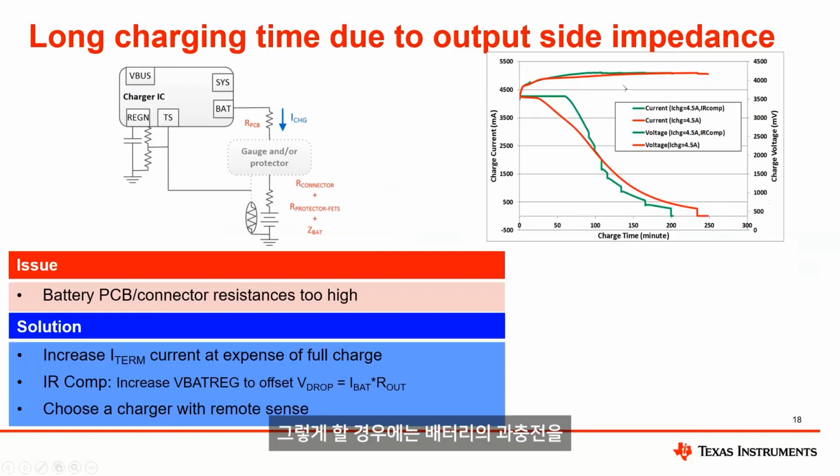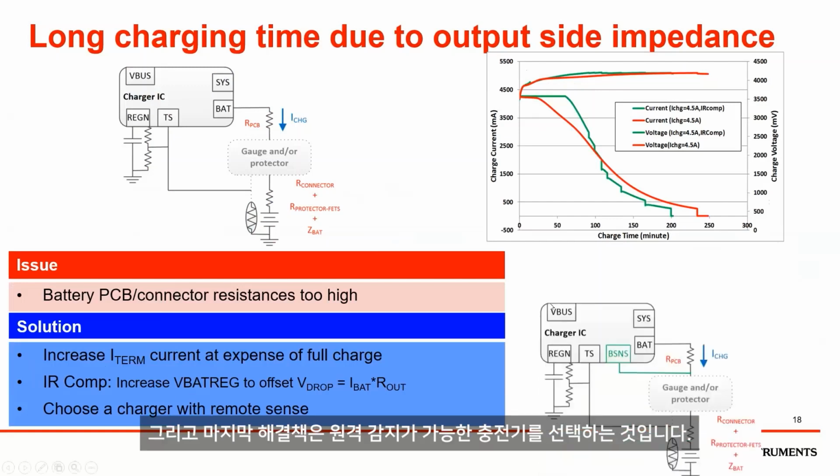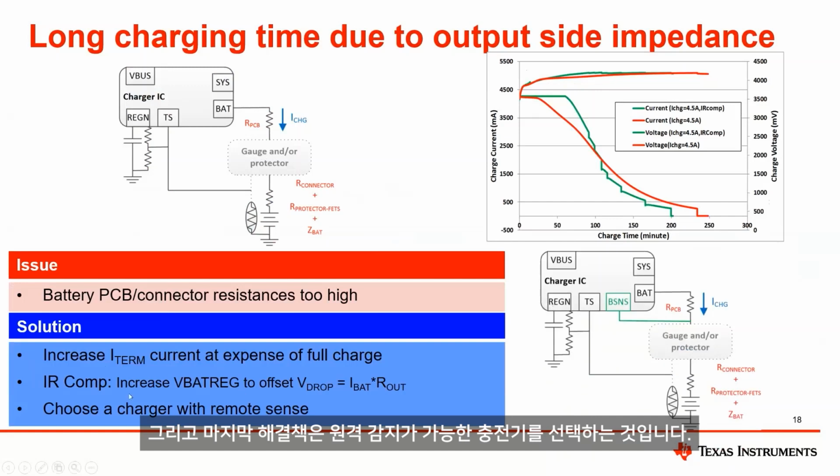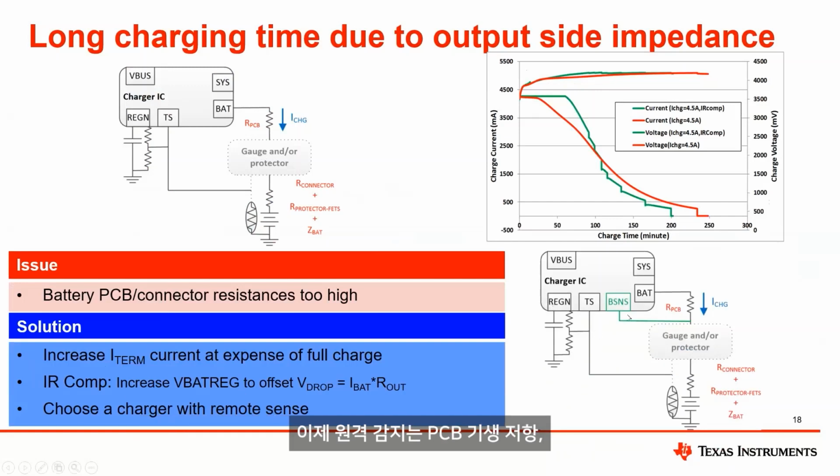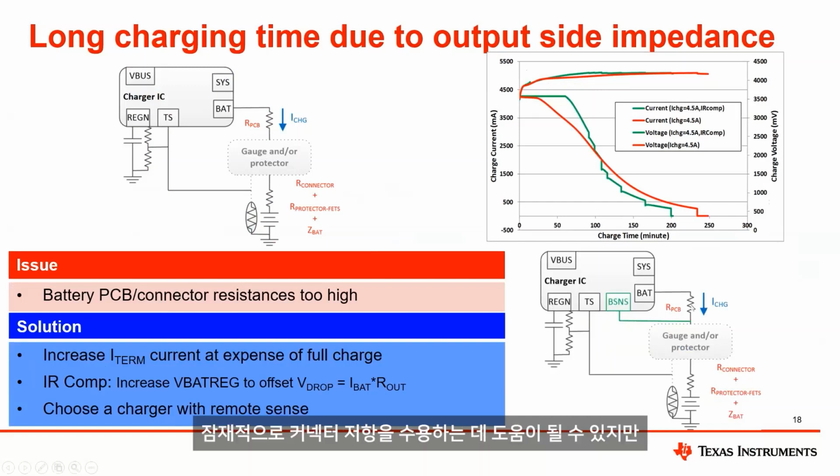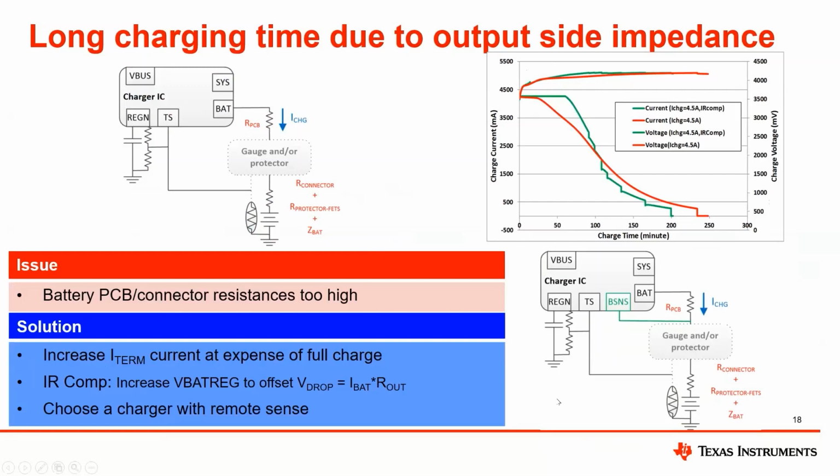So if you do that, just make sure you understand and have a way to protect against overcharging the battery. And then the last solution would be to pick a charger that has a remote sense. Now the remote sense is probably only going to help you accommodate the PCB parasitic resistance, potentially a connector resistance as well, but it can't help with the protector FETs or with the changing impedance of the battery.